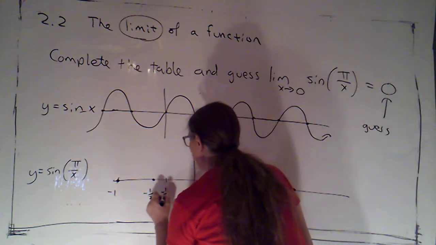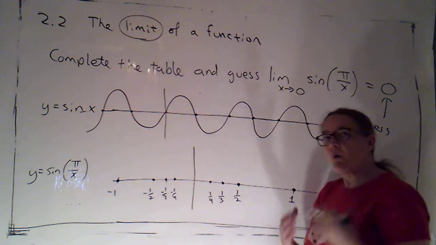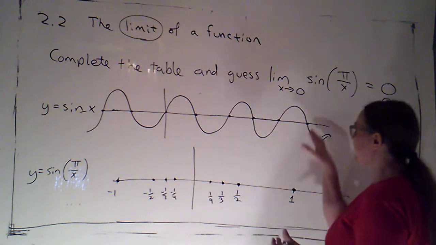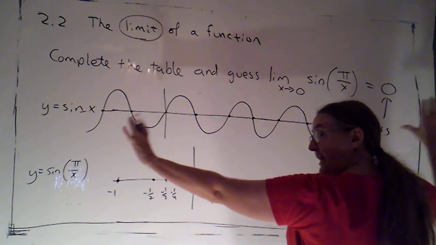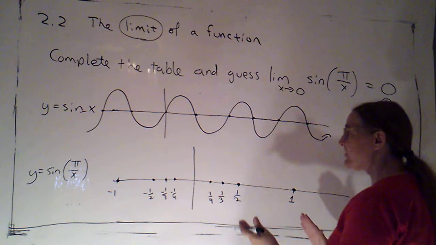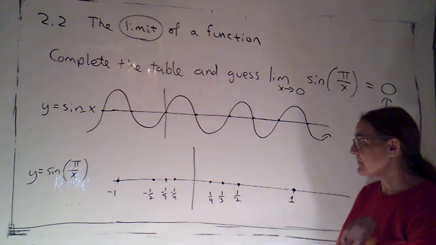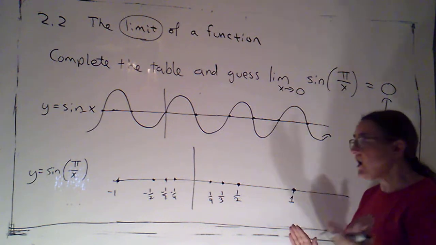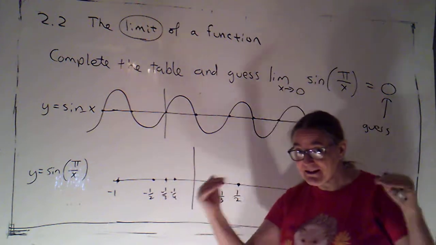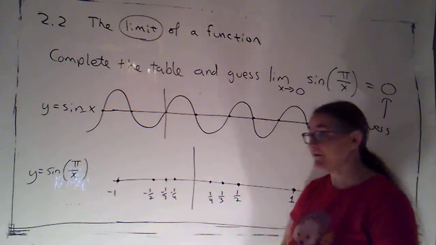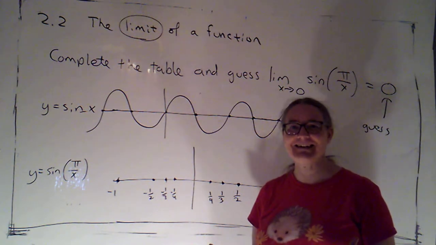At -1/3, and at -1/4. So I'm still going to have infinitely many places where the graph is 0, but instead of them being all spread out over the number line, they're all in between 1 and -1. Kind of crazy. So that's going to mean that there are infinitely many places as I get really, really close to 0 where my function is going to be 0, and our table of values just happened to hit 6 of those locations.